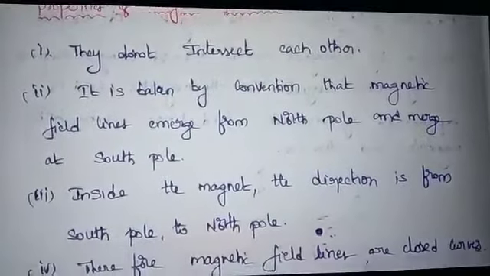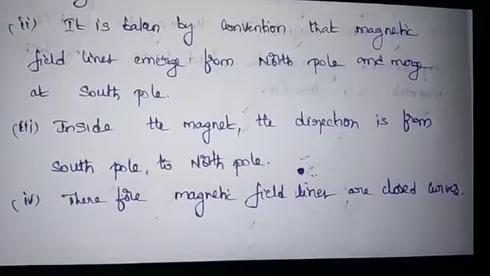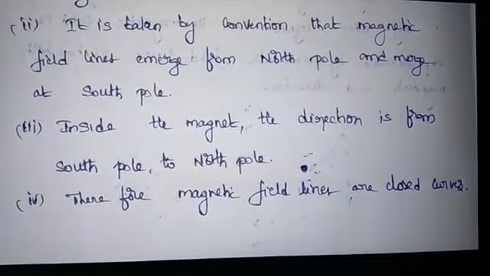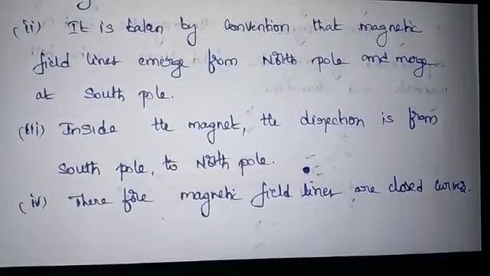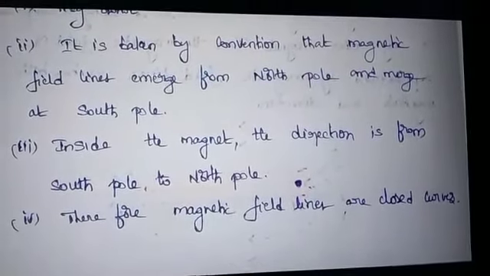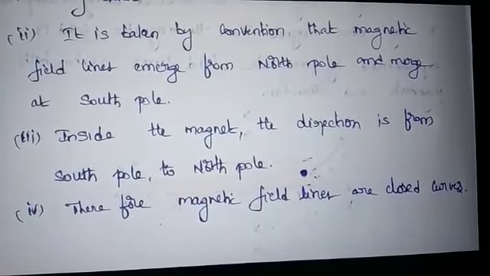Inside the magnet, the direction is from south pole to north pole. Therefore, magnetic field lines are closed curves. So it should look like closed curves. These are the main important things for drawing a magnetic field and magnetic field lines from these properties. Clear?